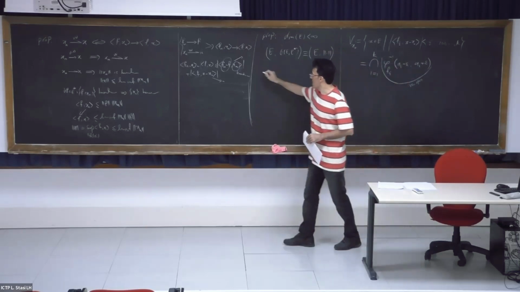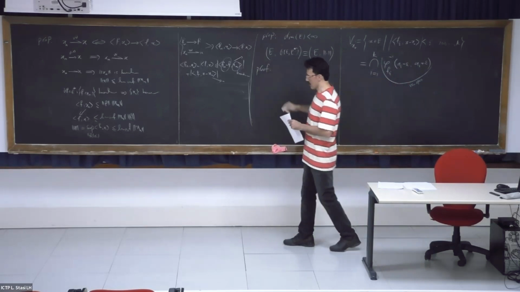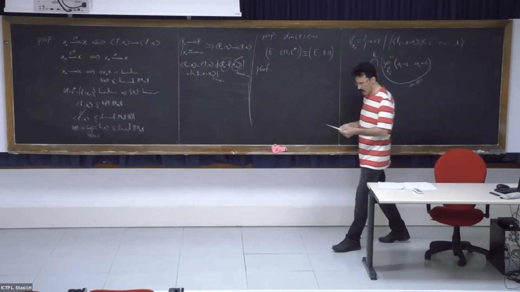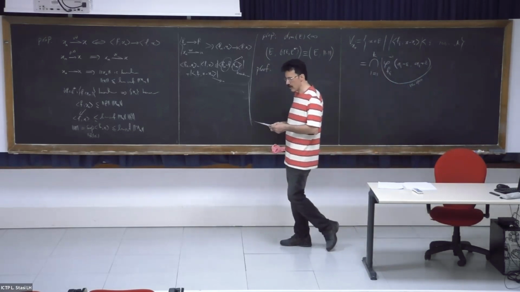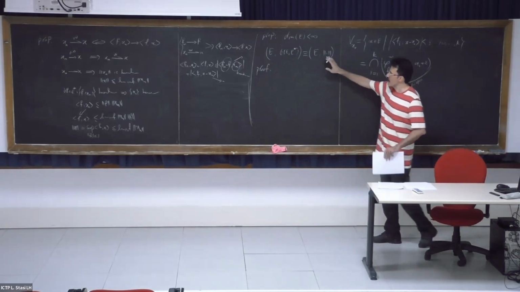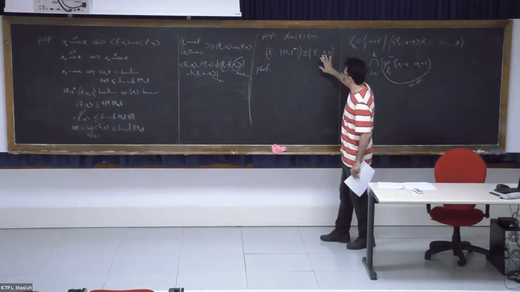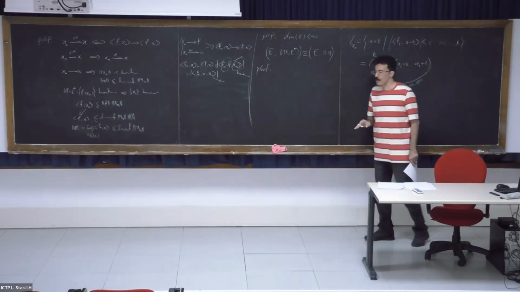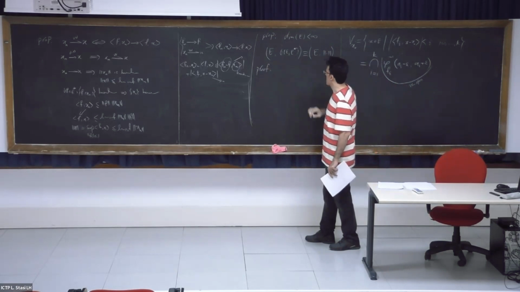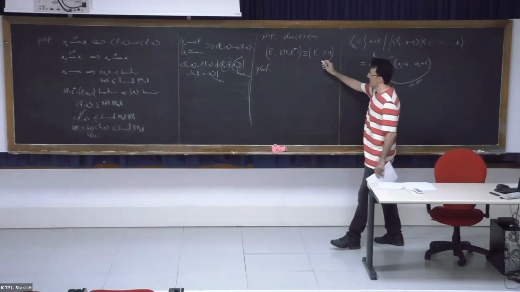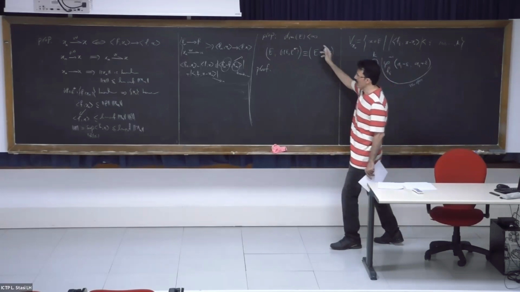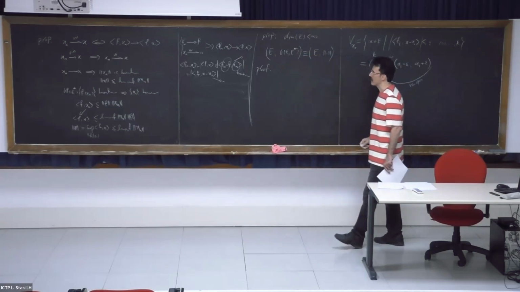The proof: we know that the norm topology has more open sets, and we just need to prove that a norm open set is weak open.